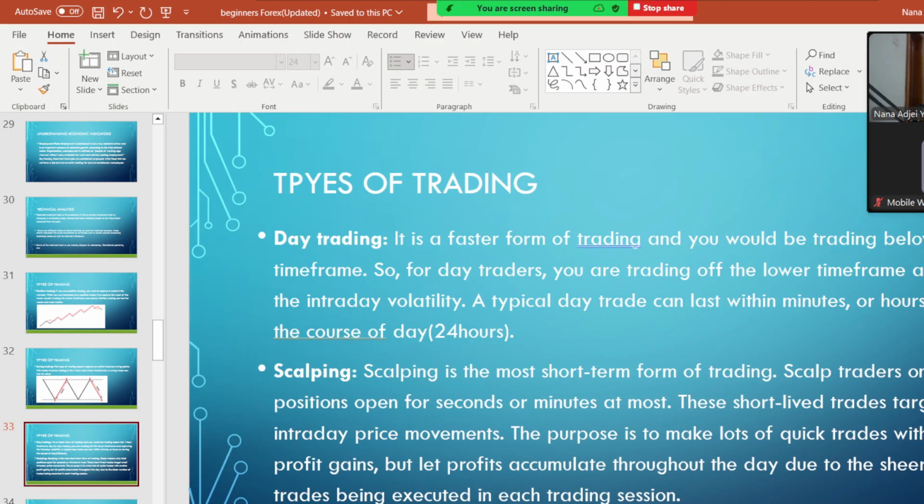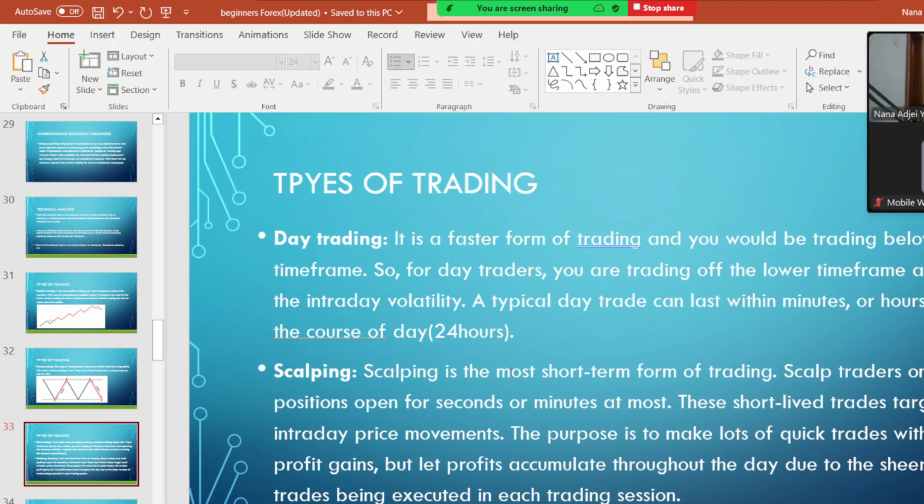And then we have the scalpers. Scalping is also another form of trading. They don't look at a higher time frame. They look at mainly time frames from 15 minutes and below. They only hold trades for seconds and minutes, and then they close.